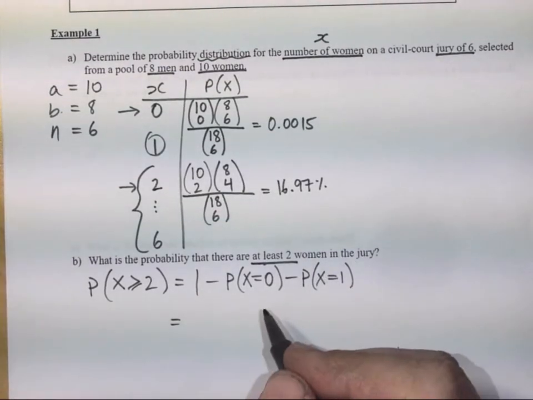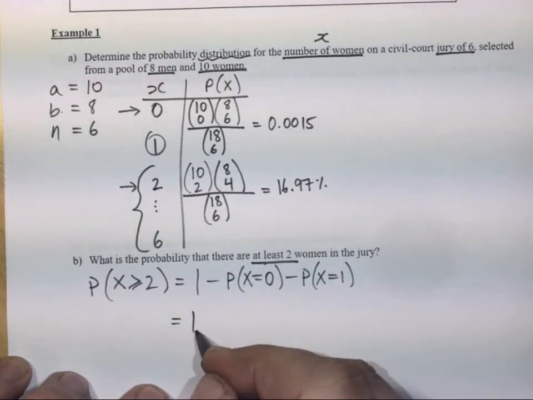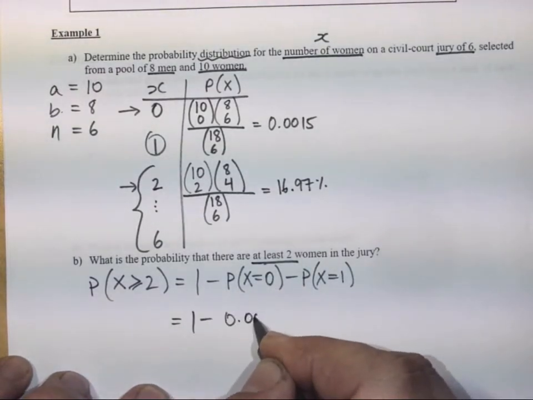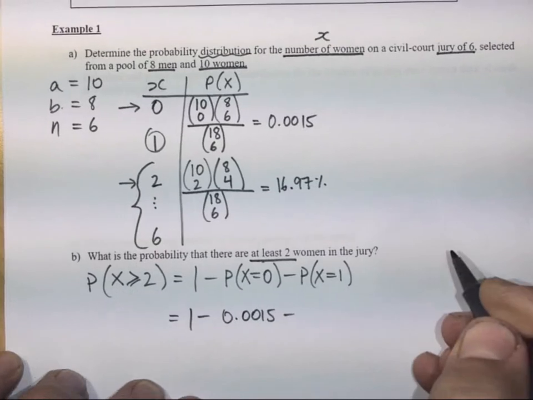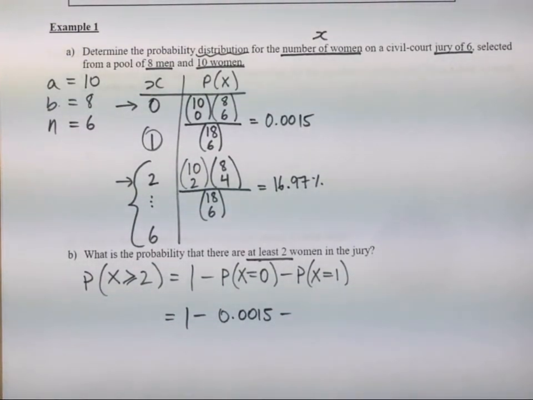I'll let you figure out how to do that. I've already calculated 0 for you, so that's done. I'll let you set up this probability of x equal to 1. If you want to pause the video here and try it yourself, it's a good chance, and then unpause it to get your answer.